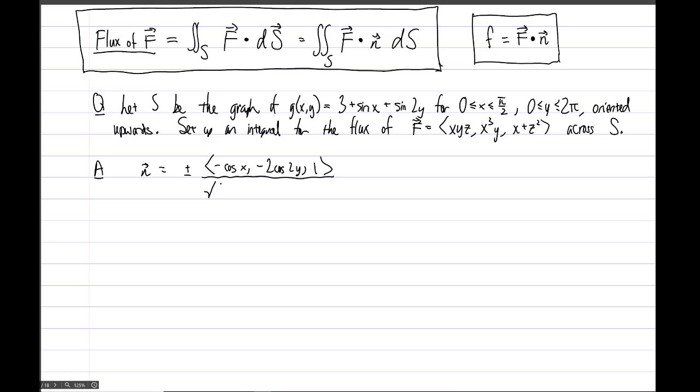And this will be all over the magnitude of that vector, so root 1 plus cosine squared x plus 4 cosine squared of 2y.